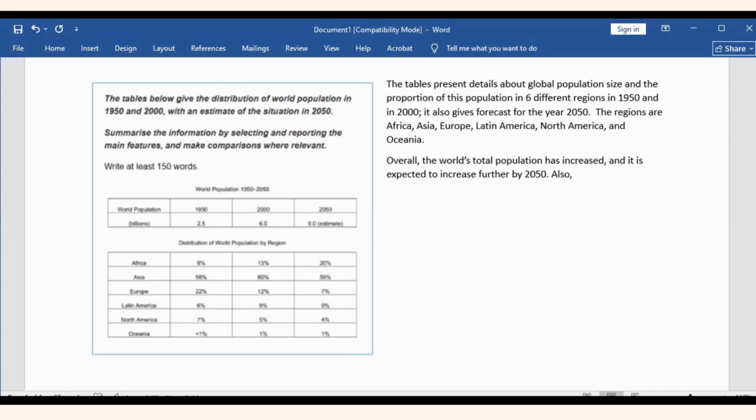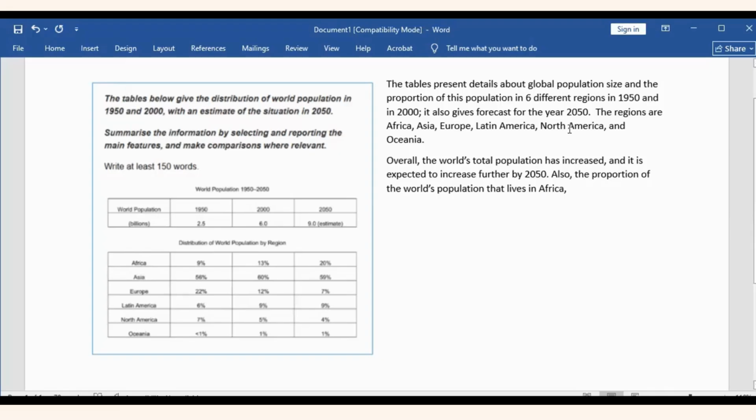Also, the proportion of the world's population that lives in Africa has increased.